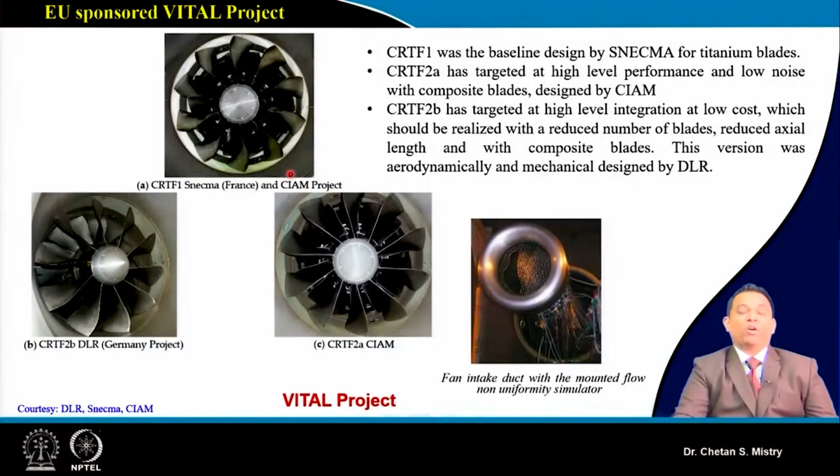These are all contra-rotating configurations, and they are being tested at Swayam Lab Russia. Here this is a distortion screen that makes artificial distortion. We will be discussing this. This is very important when we are talking about the application of contra-rotating.